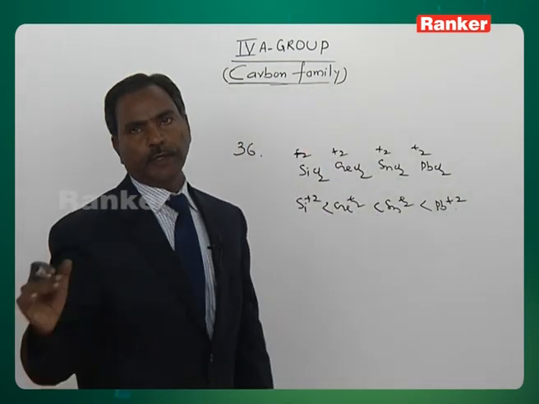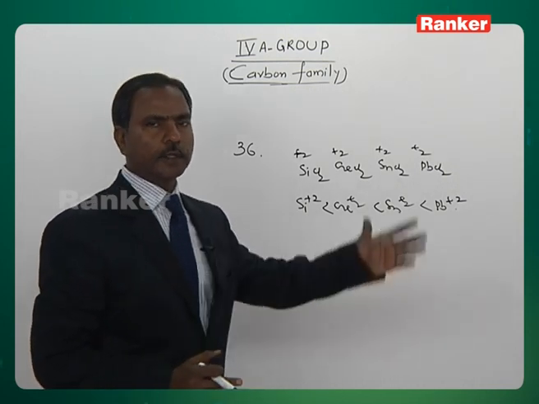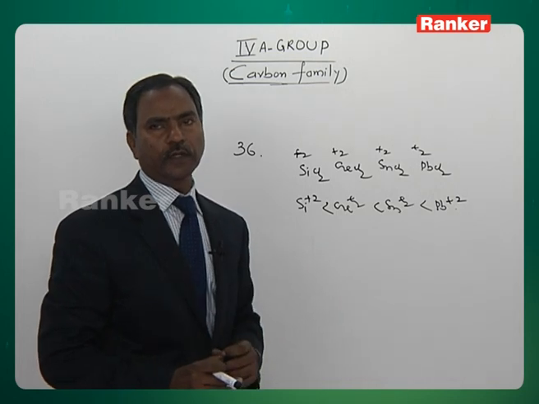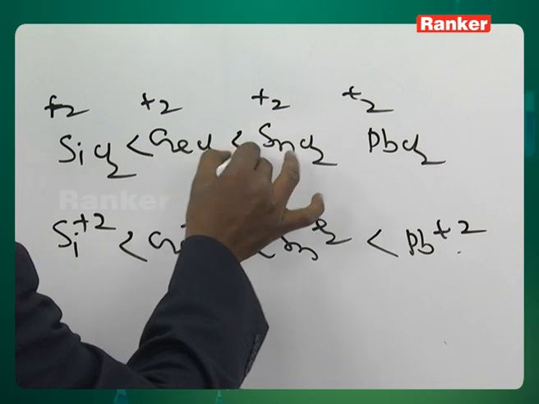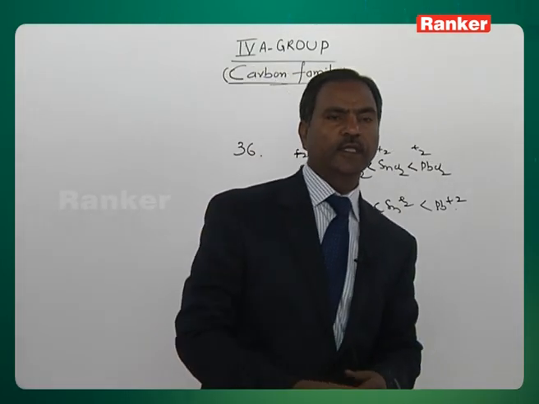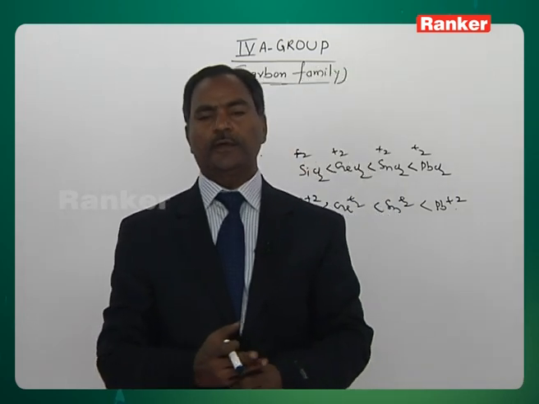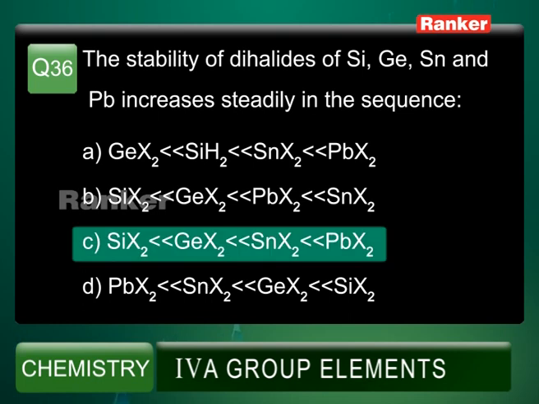It is due to actually inert pair effect, you can call in the case of lead. Therefore, order of stability will be this is less stable than this. Coming to question number 36, answer is C, silicon, germanium, tin and lead.